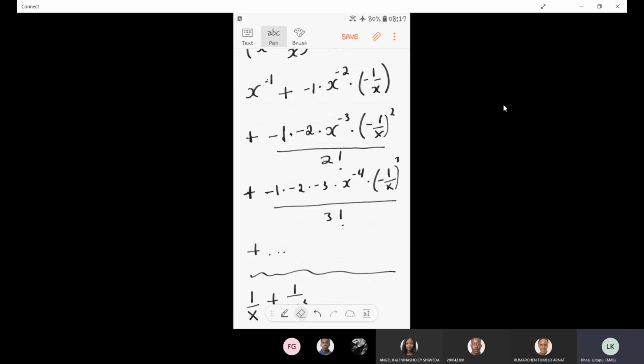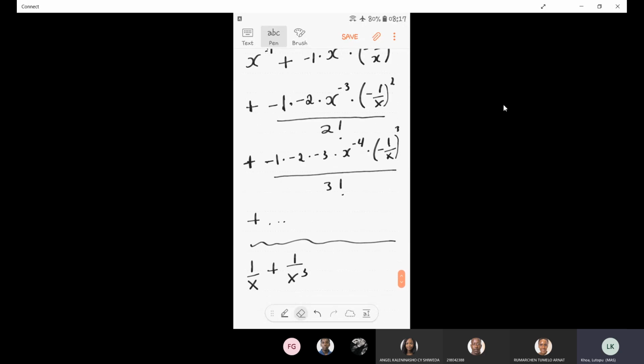So that is just 1 over x to the power of 5, and it's positive 1 over x to the power of 5. And then the last one, negative, negative, negative, and negative. So I have 4 negatives multiplying. My answer will be positive.